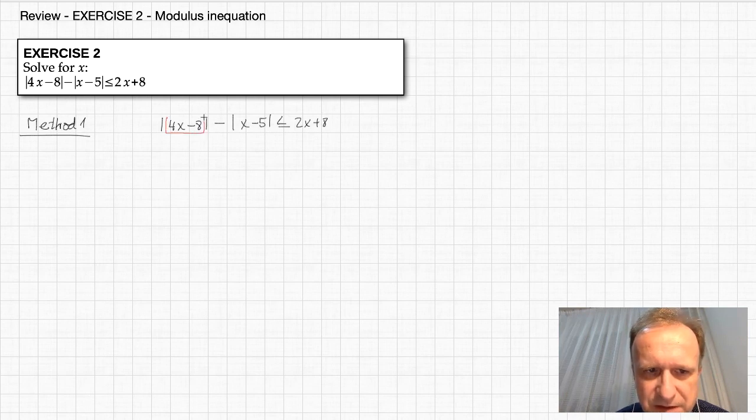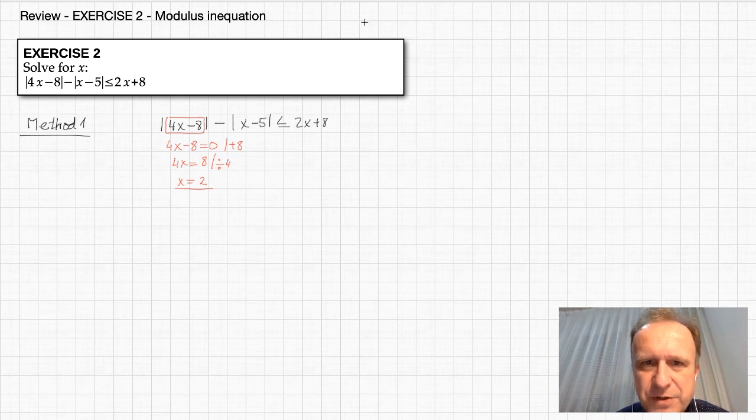This one has the interior of 4x minus 8, and its zero is obtained by demanding that 4x minus 8 equals 0. And therefore, if I add 8 to both sides, I get 4x equals 8, and if I divide by 4, I get x equals 8 divided by 4, which is just 2. Okay, so the zero of the first expression is 2.